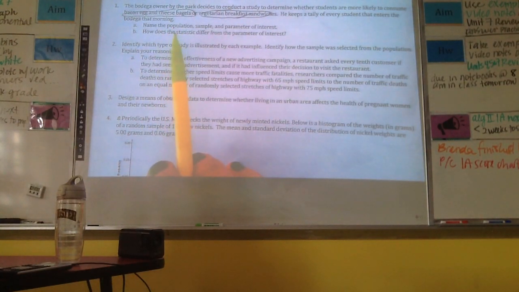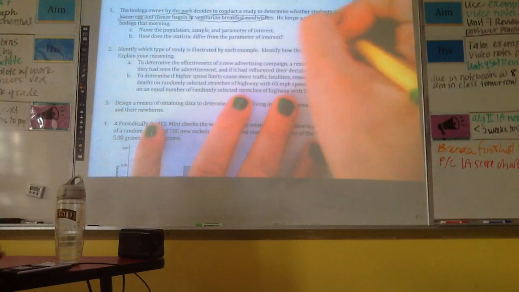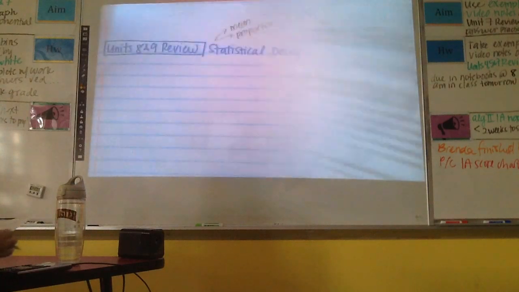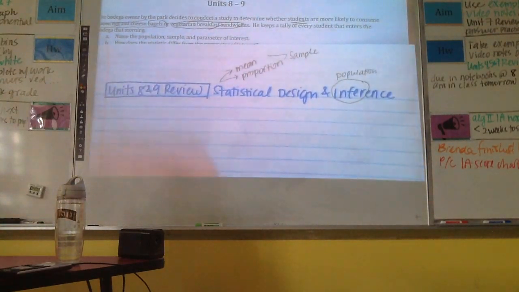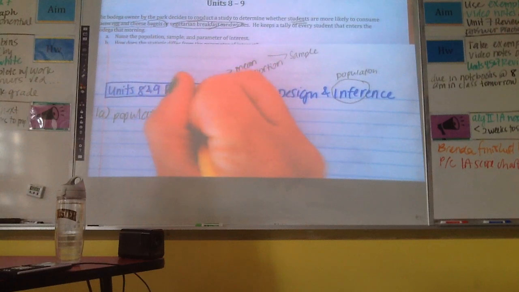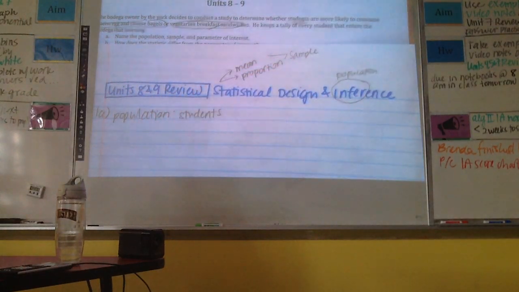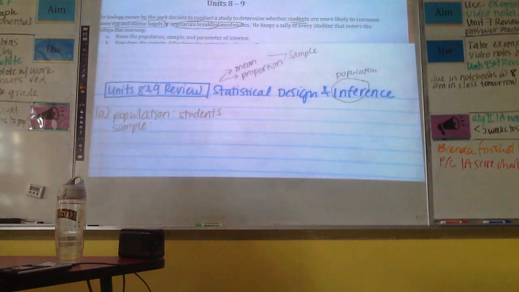Name the population. Well, he'd like to know information about students in general. So my population would be all students, or all students that shop at his store. Using the language right from the question, we can just say generally, students. Okay, sample. That's the people that he's actually getting information from.